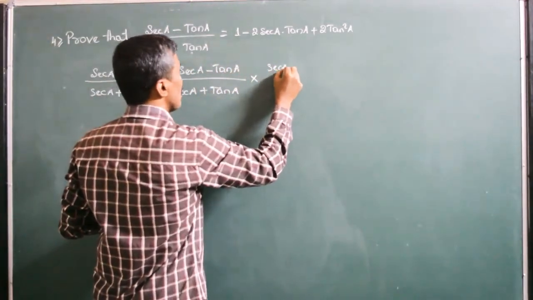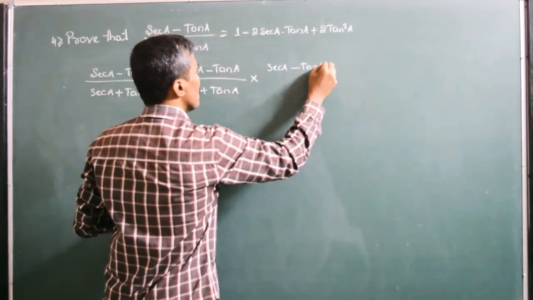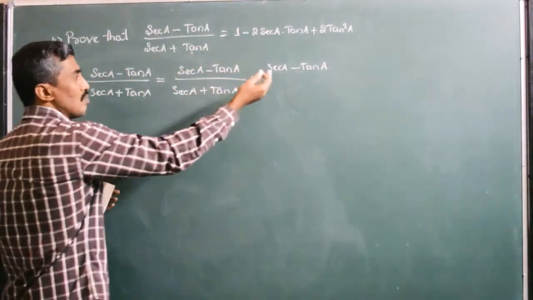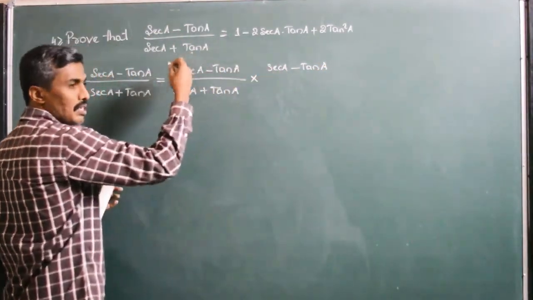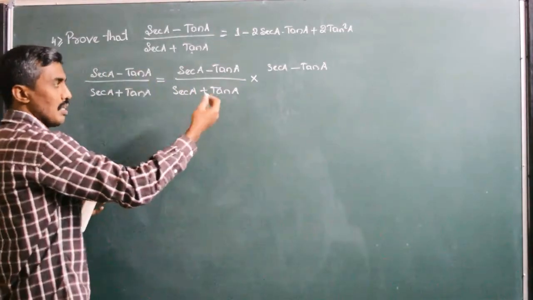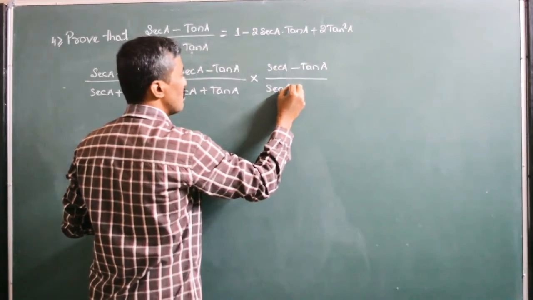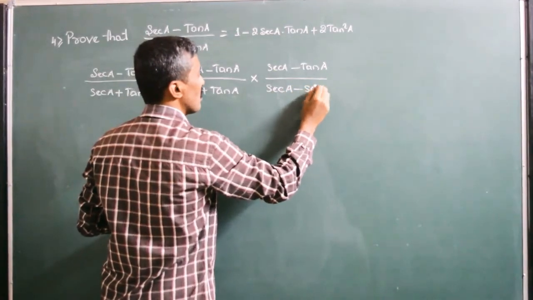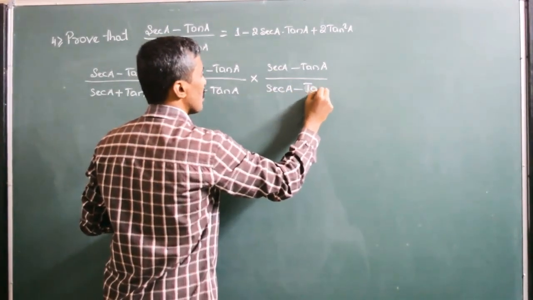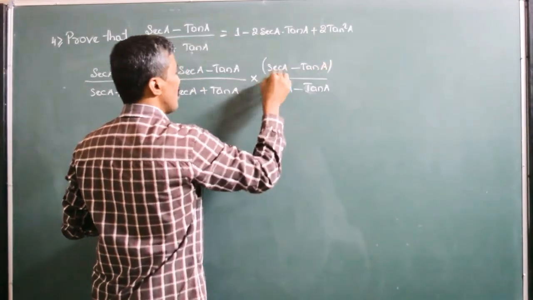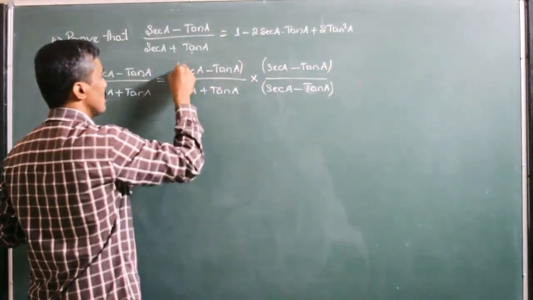Secant a minus tan a. So if you multiply the numerator by the same term, the same term must be multiplied for the denominator, therefore divided by, once again multiplying the denominator by the same term, that is secant a minus tan a. So binomial, use the bracket.